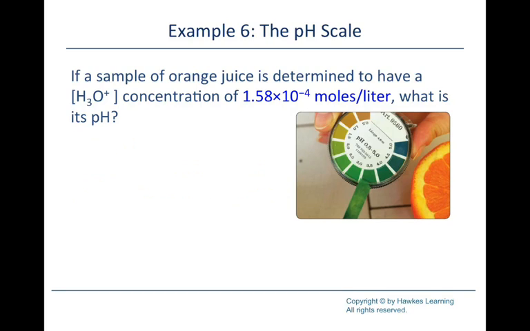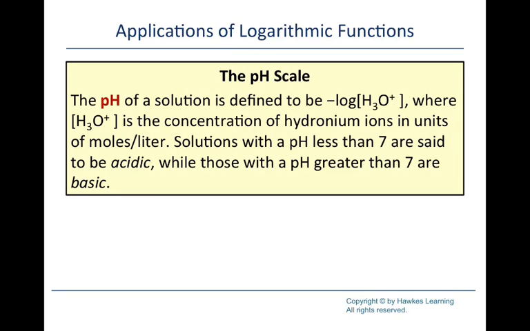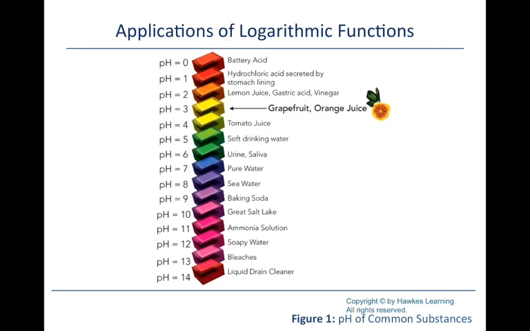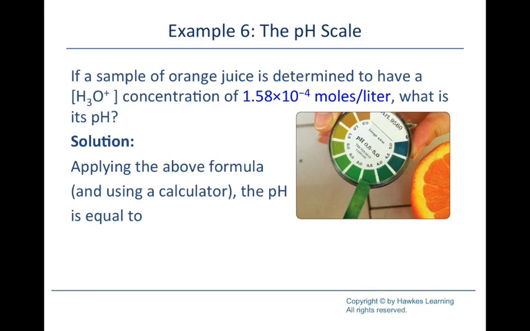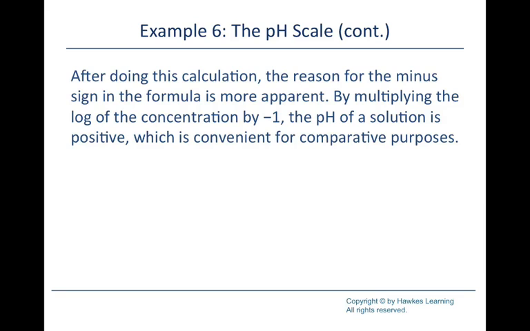The pH is the negative log of 1.58 times 10 to the negative 4. And that's going to be 3.80, or 3.8. So it's on the acidic side. It's below 7. Okay.